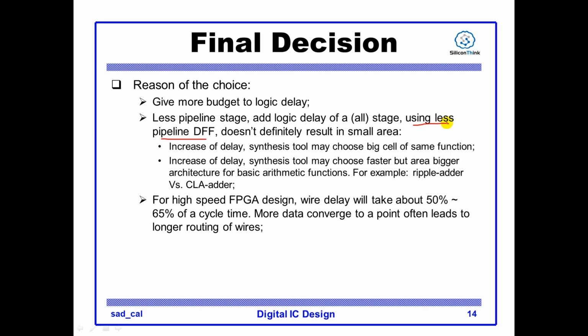That is, using fewer DFFs doesn't definitely result in small area. You will think, why? I use fewer cells, why can't I get smaller area? Okay, this is the reason.